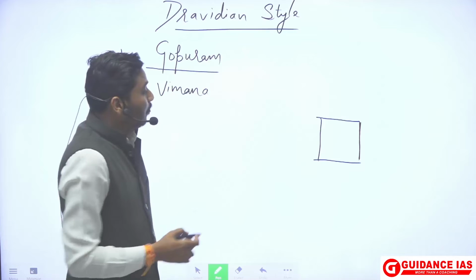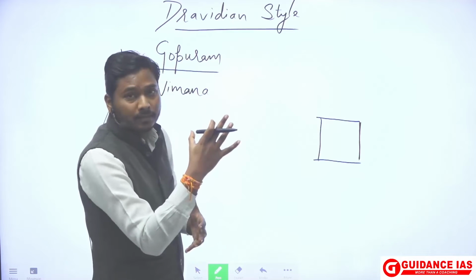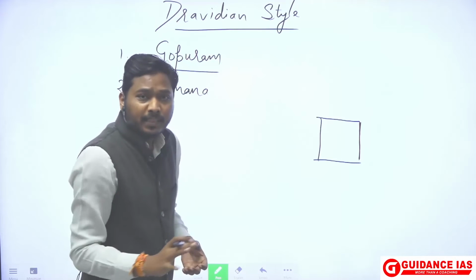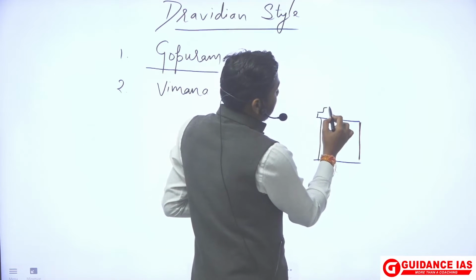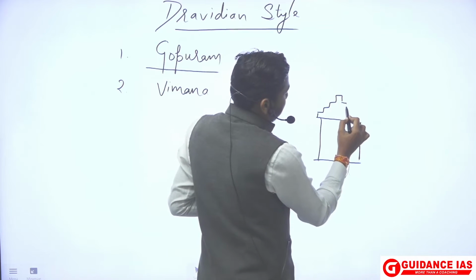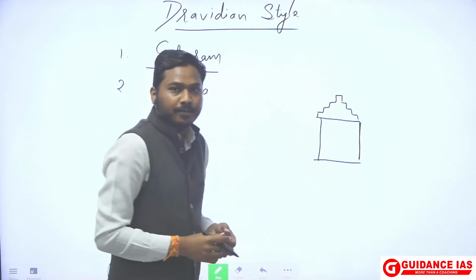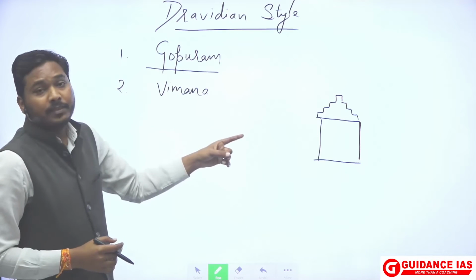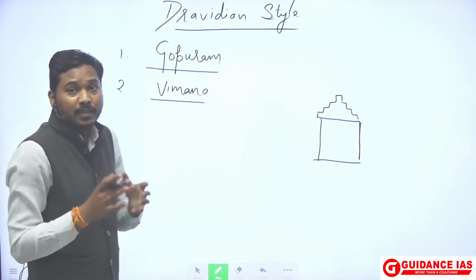But above this, the tower is not curvilinear here. The tower is pyramidal in shape, like this. A stair-like structure is there in the Dravidian style. So this Viman is clearly visible.